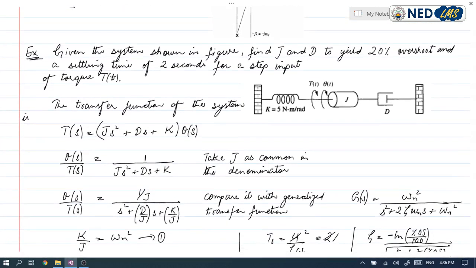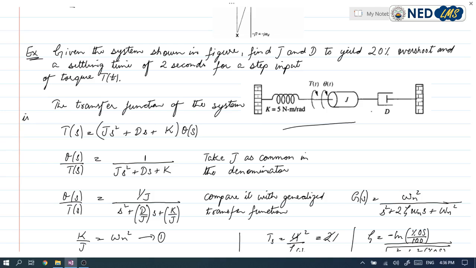In this example we are given a figure of a rotational system, and we have to find the values of J and D to yield 20% overshoot and a settling time of 2 seconds for a step input.